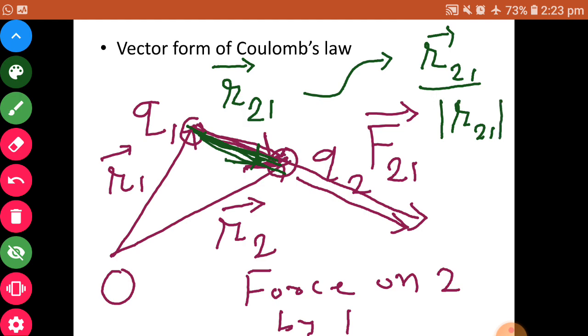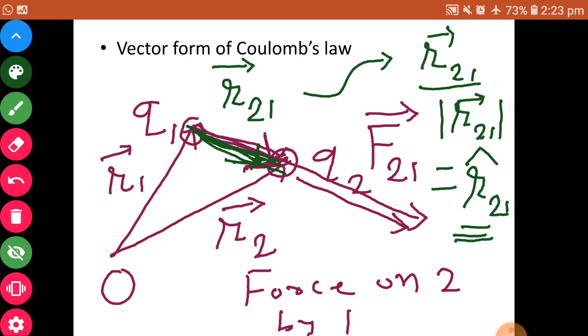This is the basic thing that you should understand: the unit vector of vector R21 is the vector upon its magnitude. This can be denoted by R21 cap. If you multiply the magnitude of the force between these two charges by this unit vector, it will give you the direction of the force.